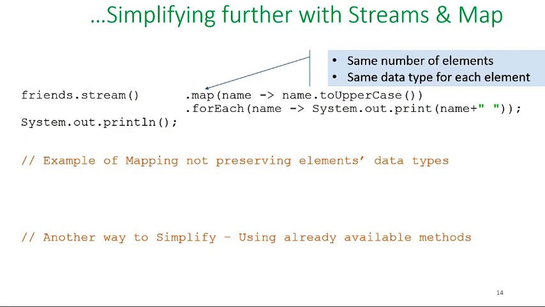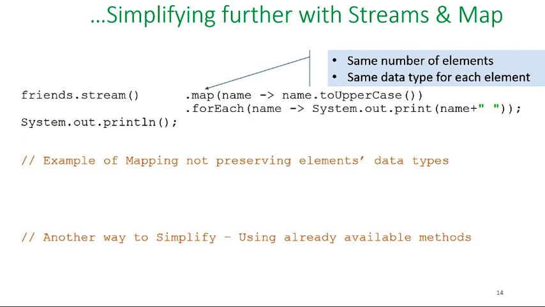The main difference here is that the first thing we do is, instead of creating our own list that we are going to have to manage through its life cycle, we just say, get me a stream out of friends. So we take a collection, we generate what is called a stream. All right. And then we chain method calls.